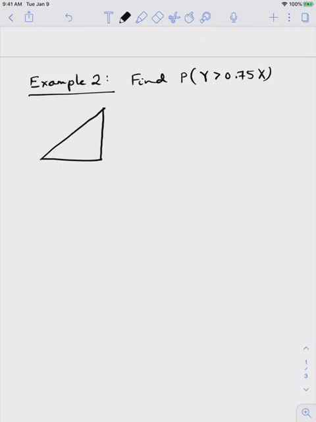But it doesn't have to be less than 3/4 of x. And so the question is asking for the chance that y is bigger than 3/4 of x, while of course still being below x. And so when x is 1, the key point is 3/4, so there's a half.